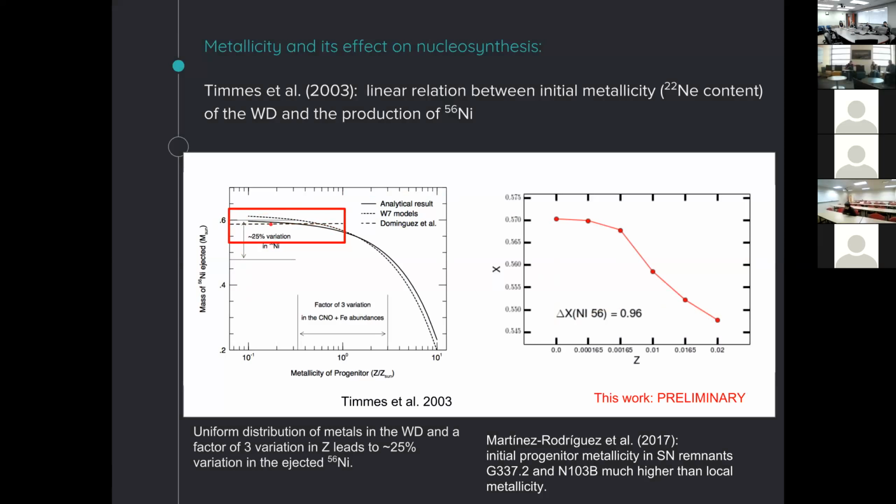So unfortunately, it doesn't show exactly what I wanted to, but our hope is in the coming couple of weeks to run further models that go up to 0.2 mass fraction of neon-22 in order to reproduce these results here, and hopefully it'll be much clearer then that our models are correct.